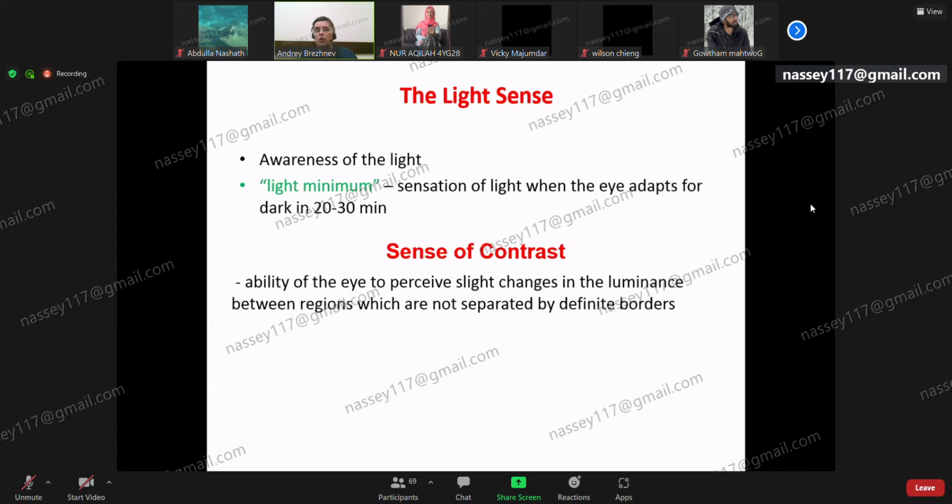All these functions may be measured by special equipment, and according to the results of these tests, we can make a conclusion about the normal or abnormal situation with the visual pathway, with the retina, with the optic nerve, and with the other elements of the visual pathway.